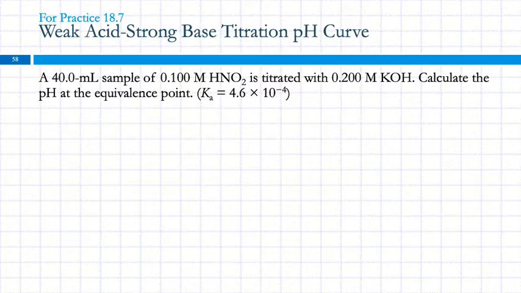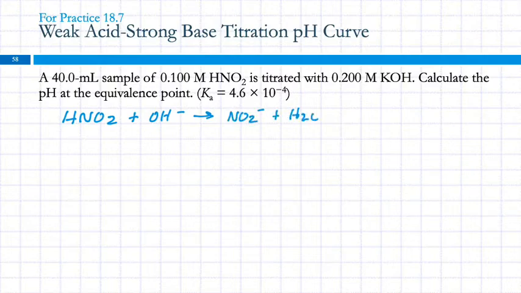So we can start to think about this by just thinking about, well, what's the chemical reaction that's happening here? We're making nitrite ion. And if we do one of those BCA tables, at the beginning we have 40 milliliters of 0.1 molar acid.